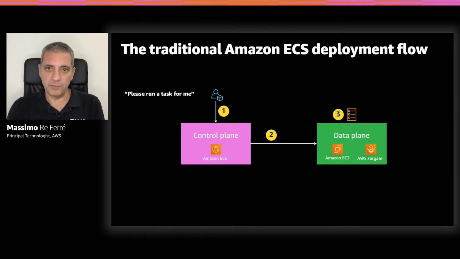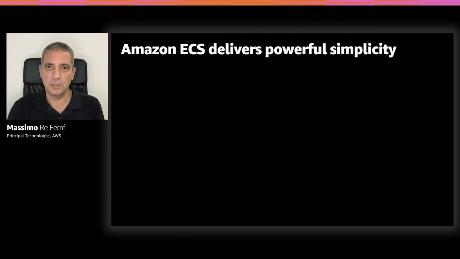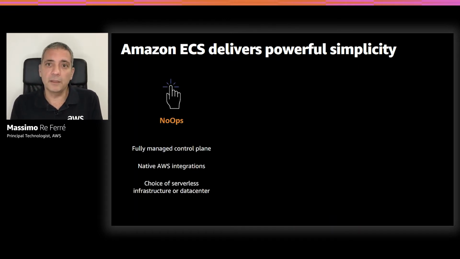So before we dive into this, let's go very quickly through why customers are using ECS and what they like about ECS. A lot of customers like the simplicity of ECS. So this notion about no ops, or the fact that the control plane is fully managed in the cloud, saving you from the burden of managing a complex system.